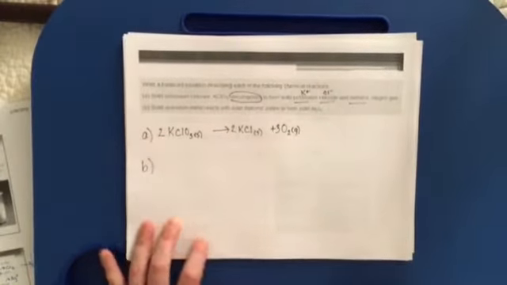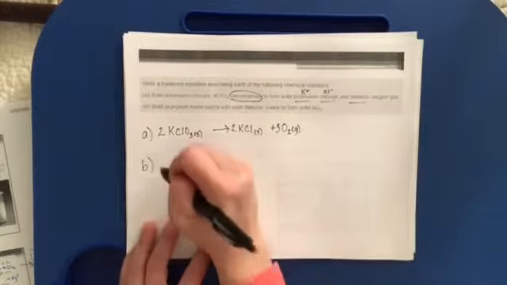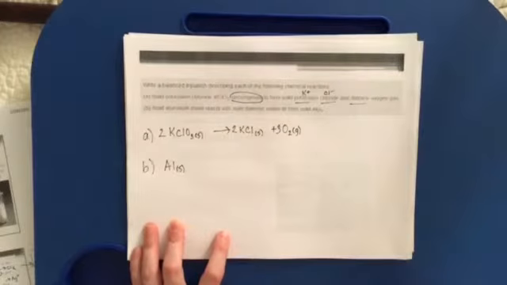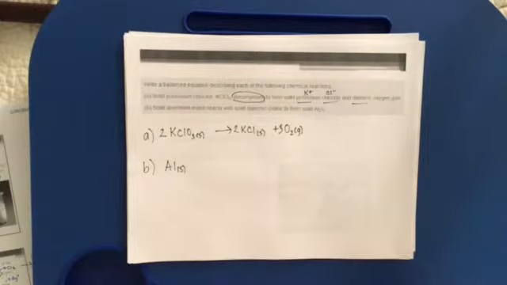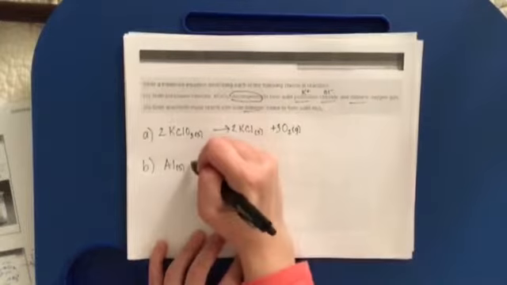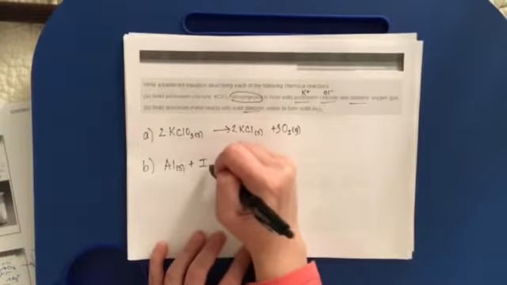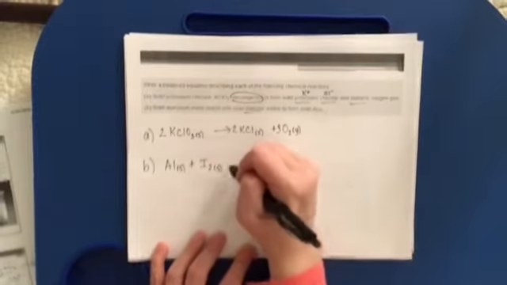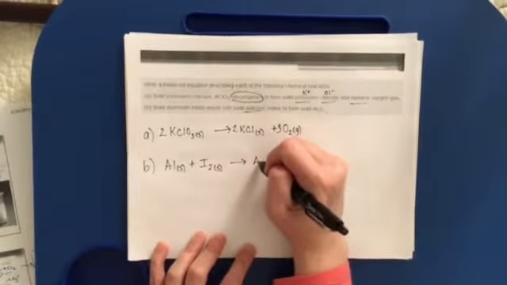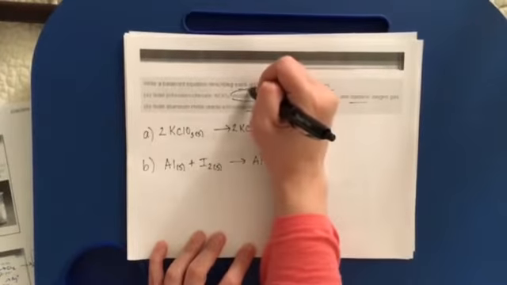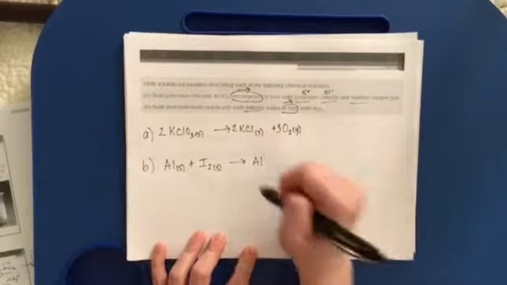B, we've got solid aluminum metal. Solid reacts with solid diatomic iodine. So it reacts with diatomic iodine to form Al2I6. And so to form, that's our reaction symbol, just like over here, that was our reaction symbol.